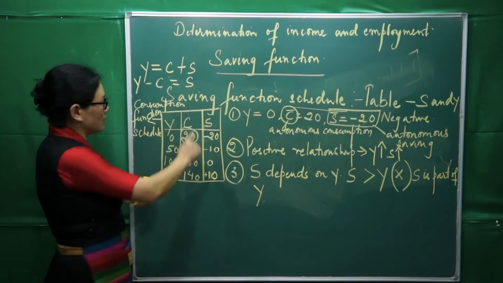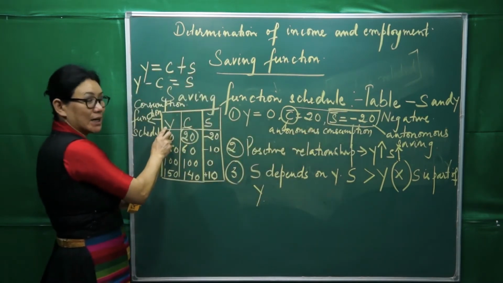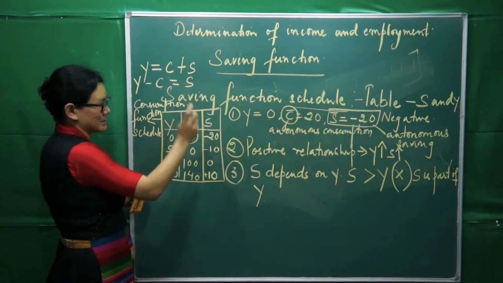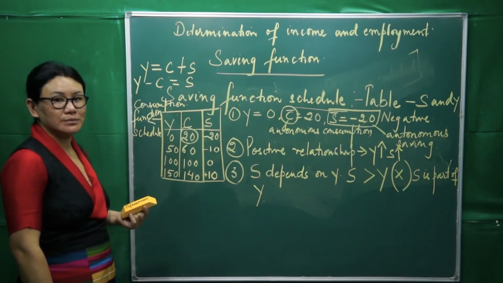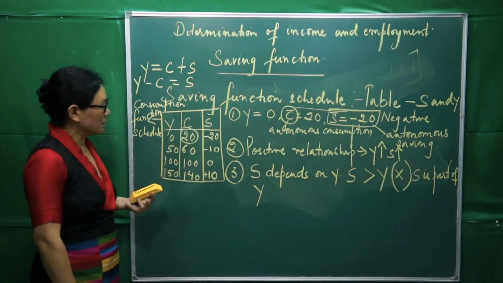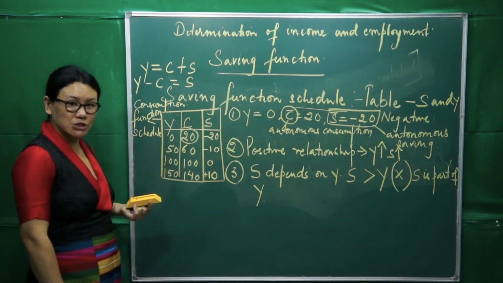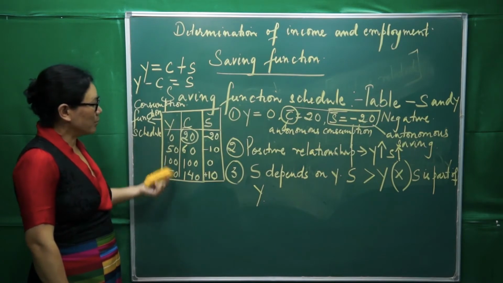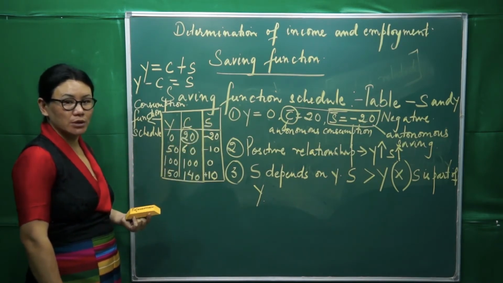All right. Now what is this saving function schedule? A table which expresses the relationship between Y and S is called saving function schedule. So what I have done here, I have used consumption function schedule, and with the help of it, I have derived saving function schedule.